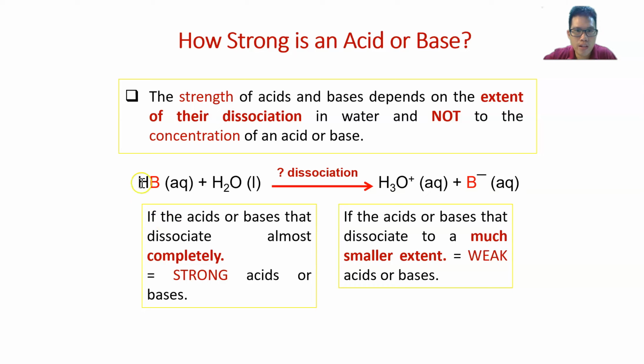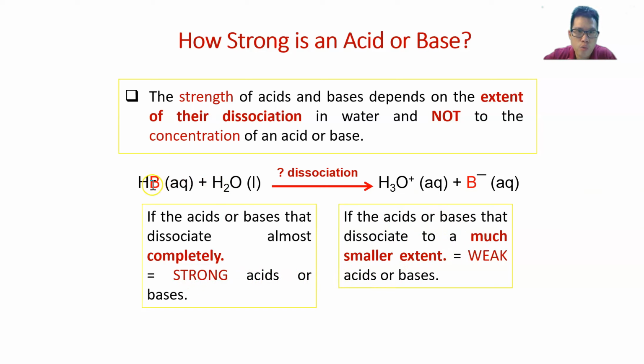So if an acid, you can see from here, this is an acid. After donating it becomes this, the conjugate base. This one is the conjugate acid. So an acid or base that dissociates almost completely is a strong acid or base. If the acid or base dissociates to a much lesser extent, then it is called a weak acid or weak base.